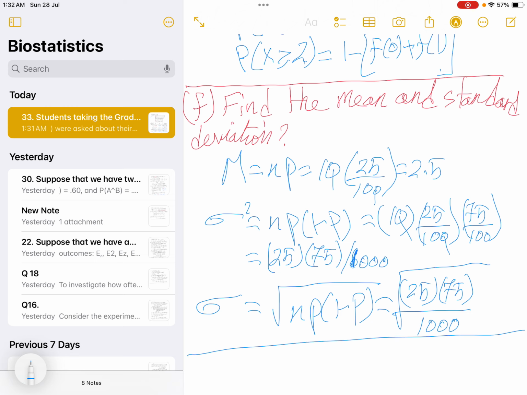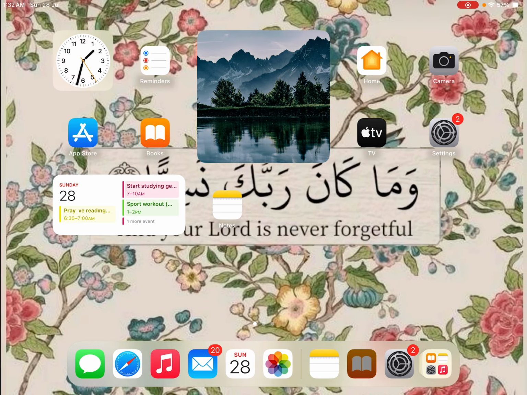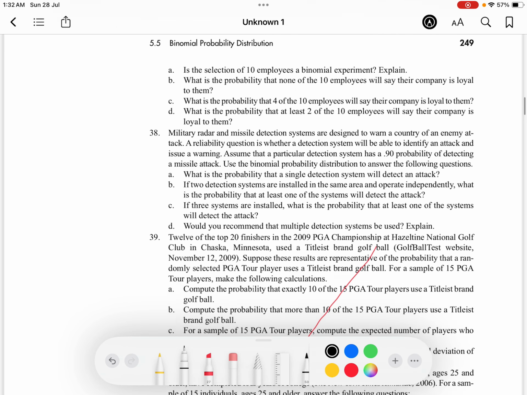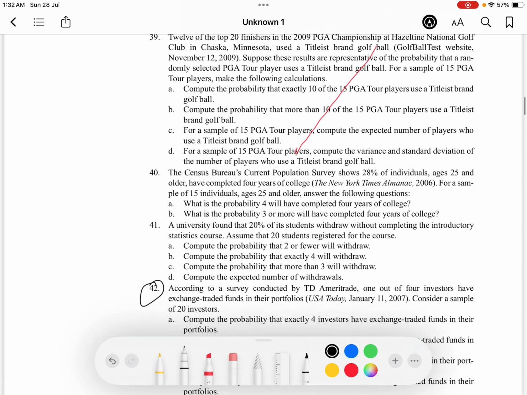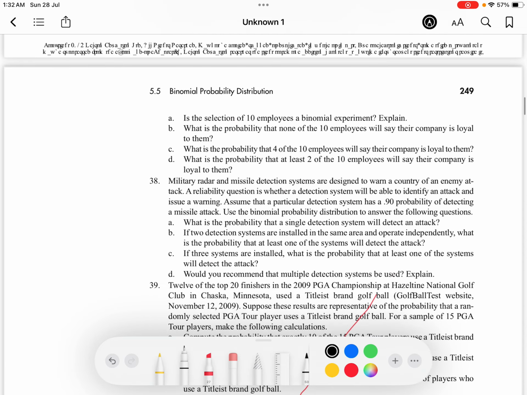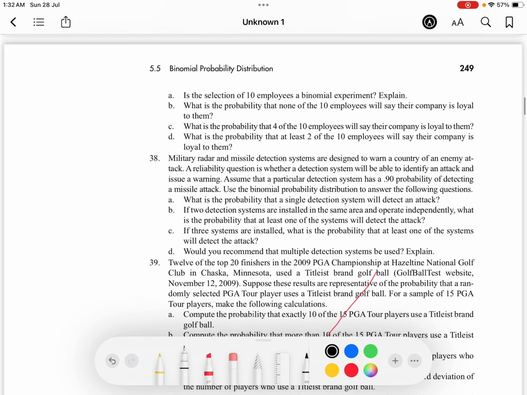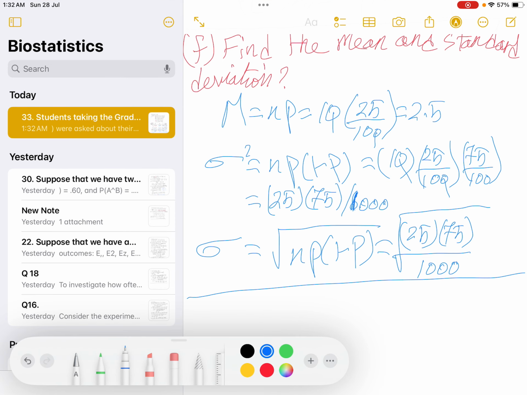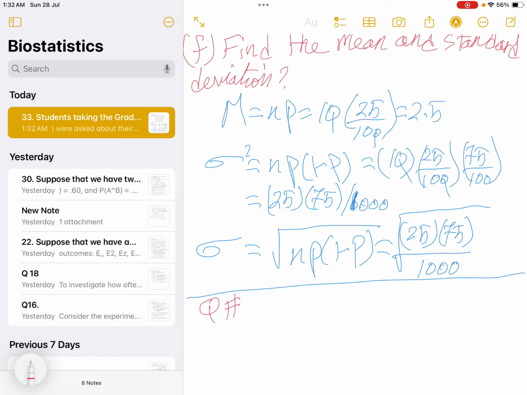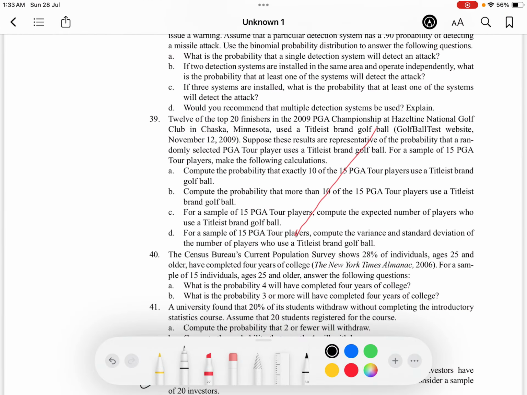Now I will return to solve with you question number 42, page 249. Read the question here.